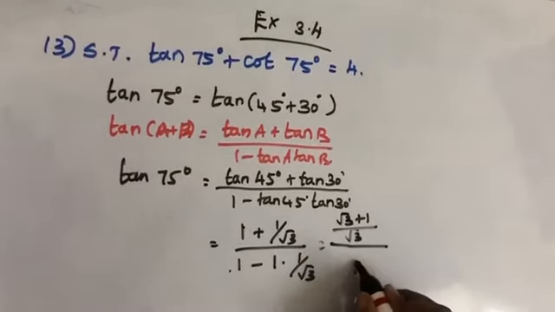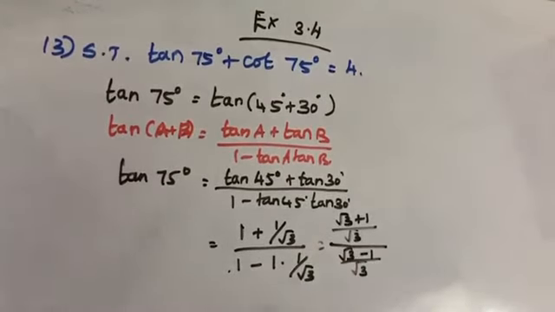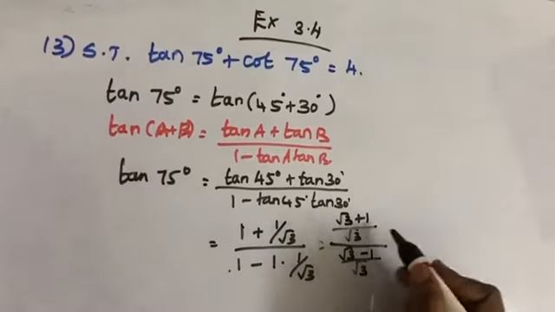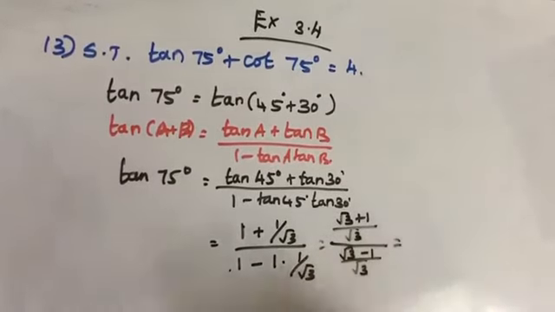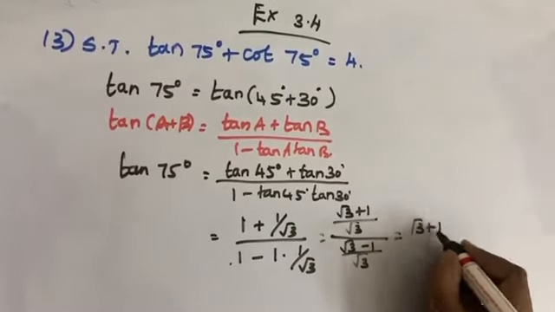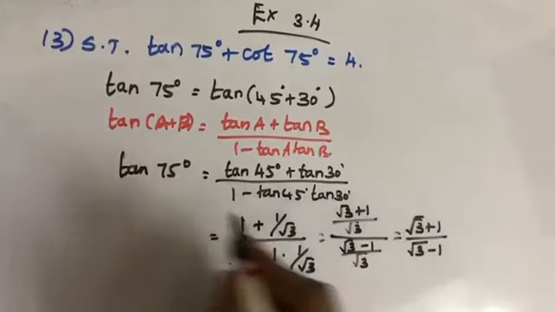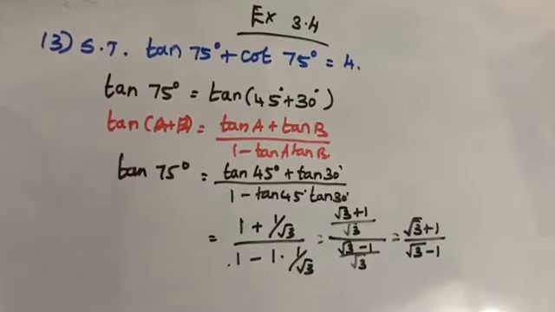So if you take root 3 as LCM, in the numerator you have root 3 minus 1. In both the terms the denominator is the same, root 3, so it will get cancelled. So it is root 3 plus 1 divided by root 3 minus 1. That's the value of tan 75.